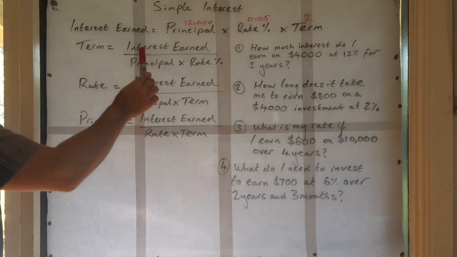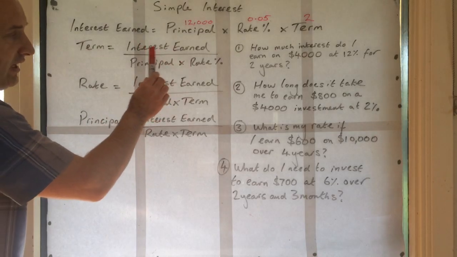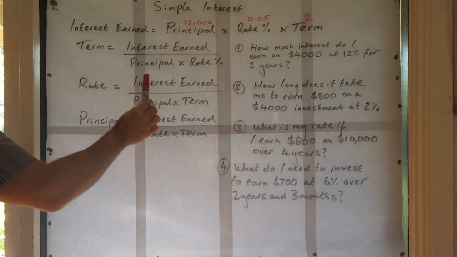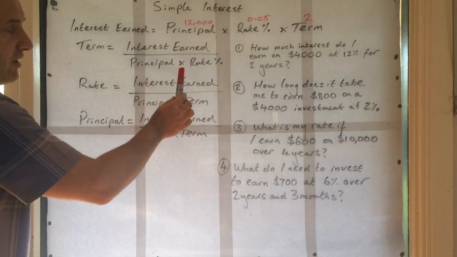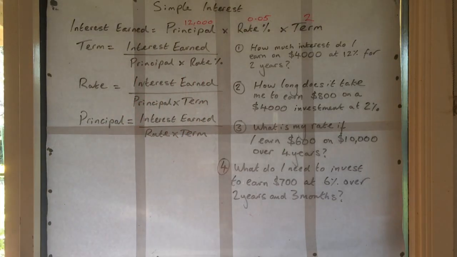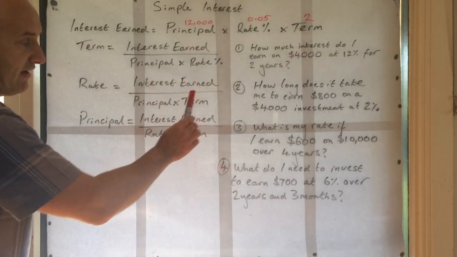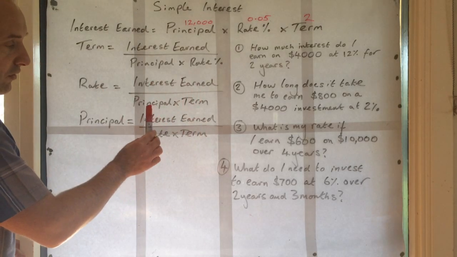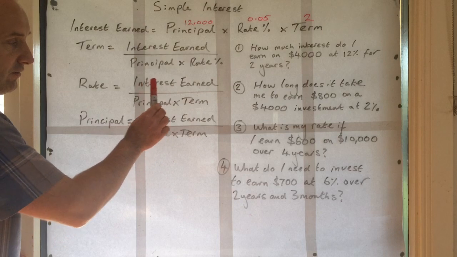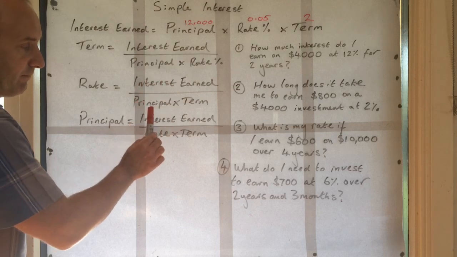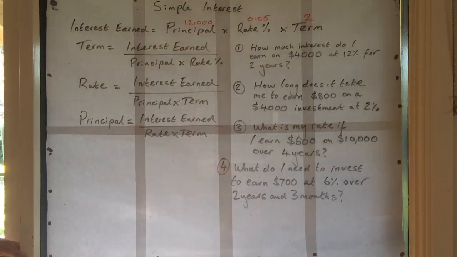We work out how much interest we want to earn, and we divide that by the principal times the rate. But if somebody asks what interest rate I have to earn to achieve a certain interest, then I do the interest divided by the principal times the term.